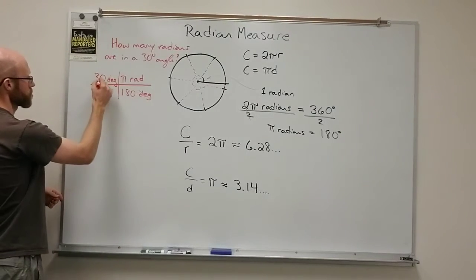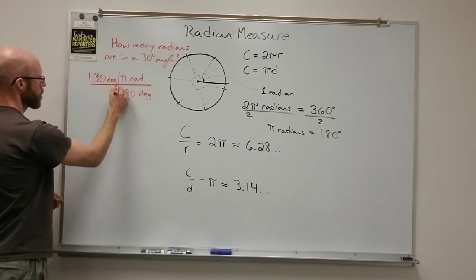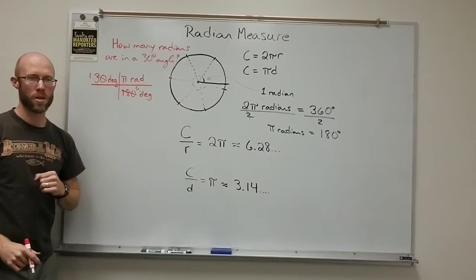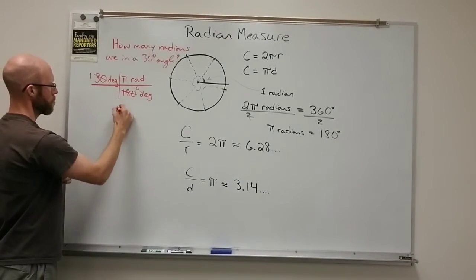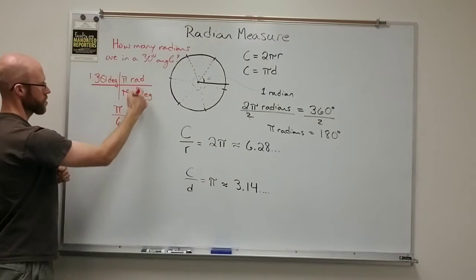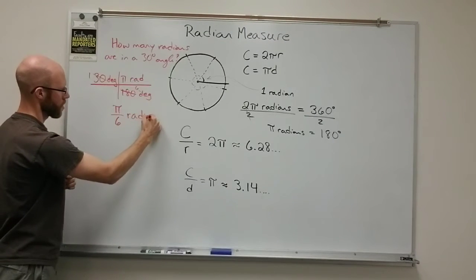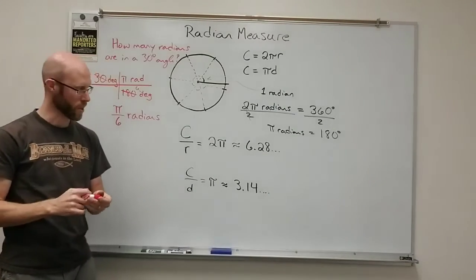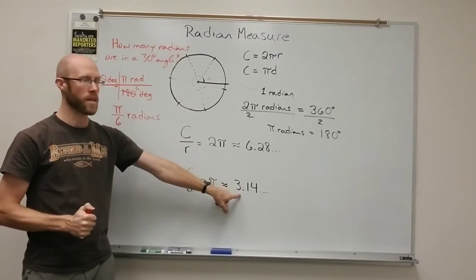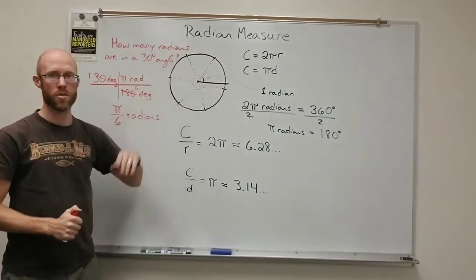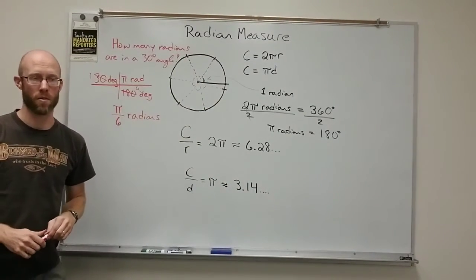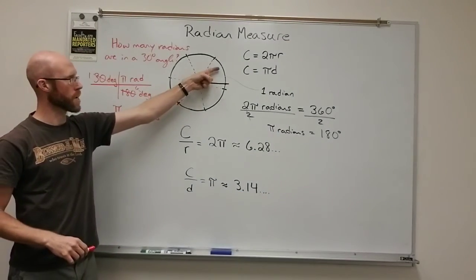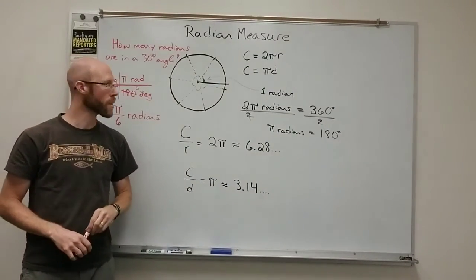So this cancels to a 1 and a 6, because 30 goes into both of those numbers, and you end up with pi over 6 radians. 1/6 of that pi value is how many radians are in 30 degrees. So if you took 3.14, divided it by 6, that's how many radians are in a 30-degree angle.